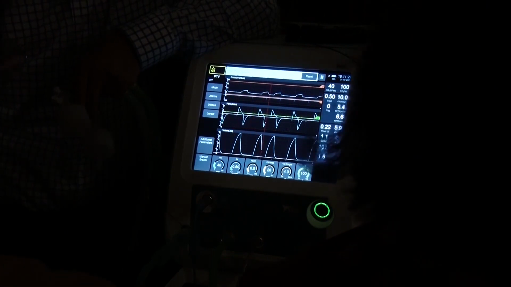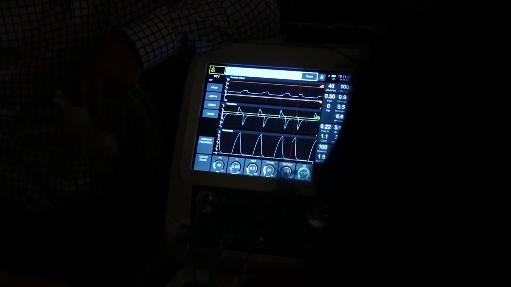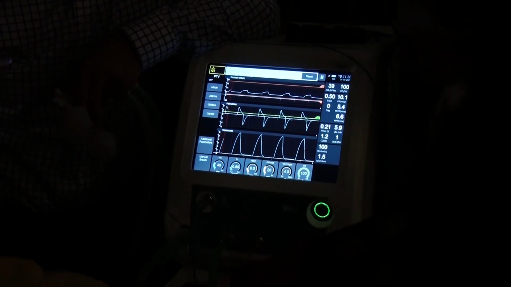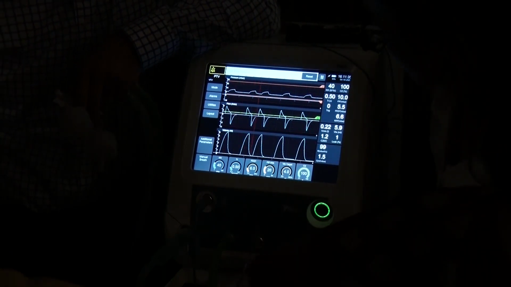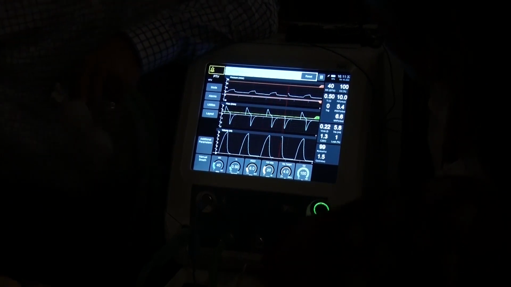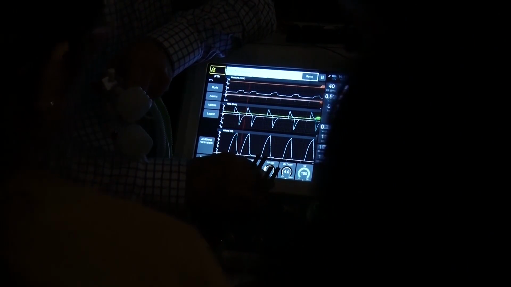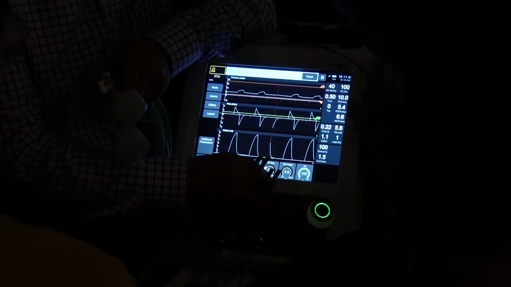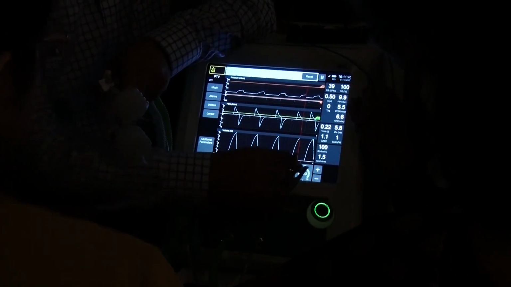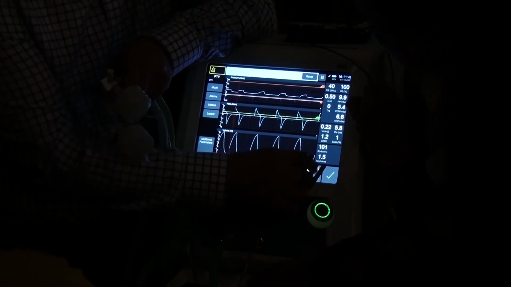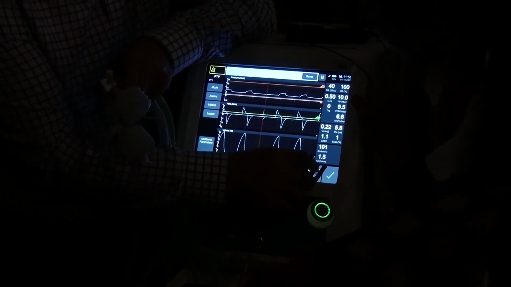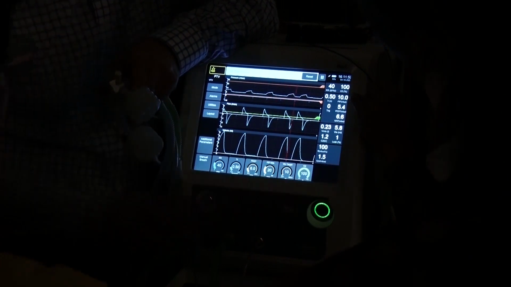It should drop the PIP. Surprising. Let me try it up and check something. The PIP of 5 and the PIP of 10 are the same. Try much higher. It should drop the PIP when we increase the eye time.